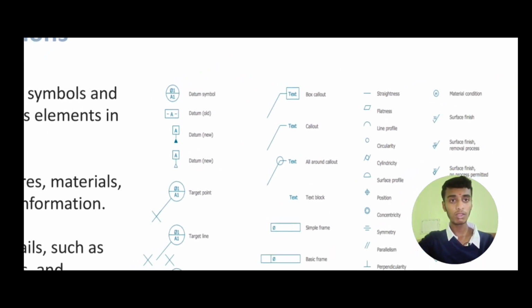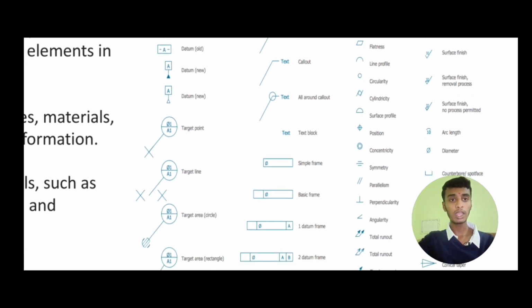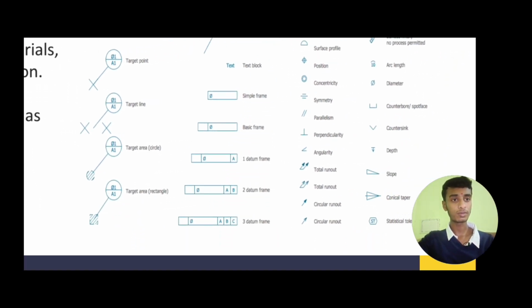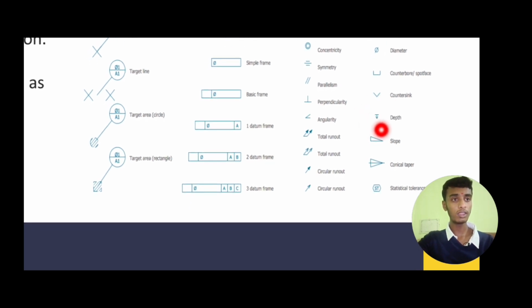First, we'll see the first symbol, reference symbol, target point, and this is the depth, this is the slope, angularity, concentricity, diameter, and for radius you can use the diameter by 2 or R, diameter by 2.